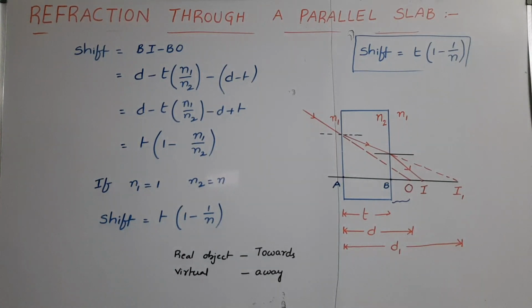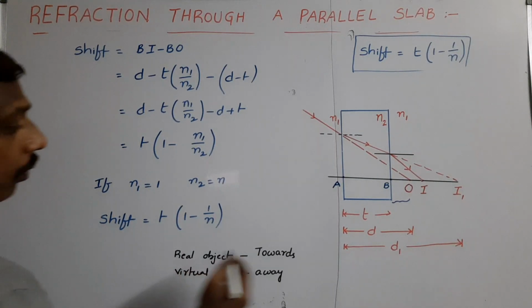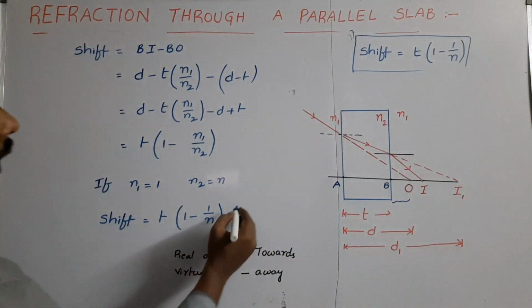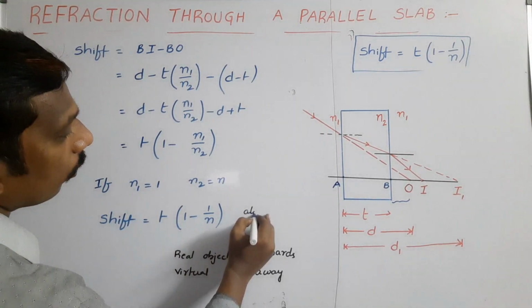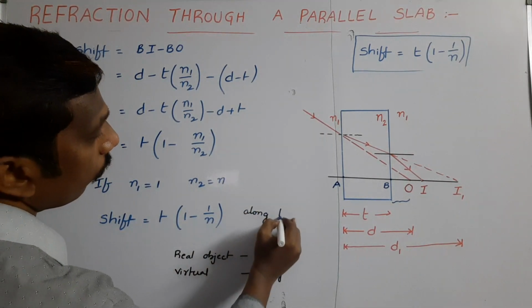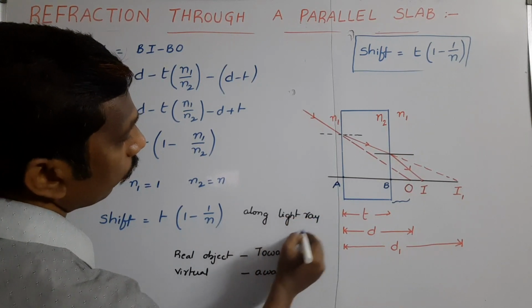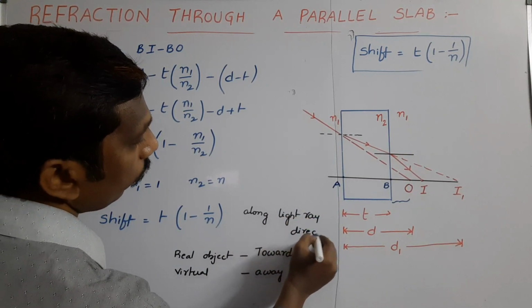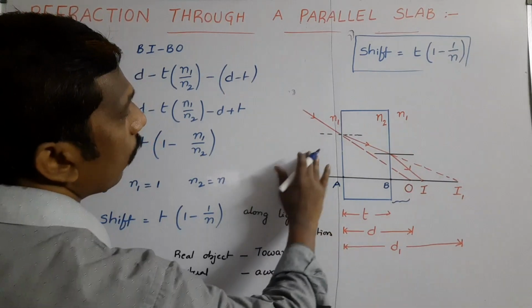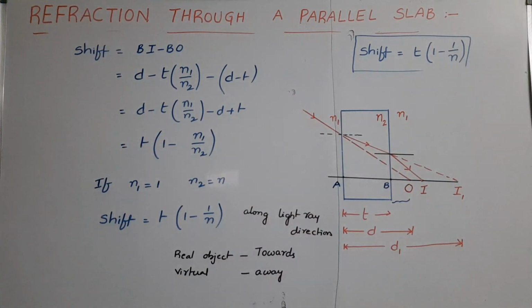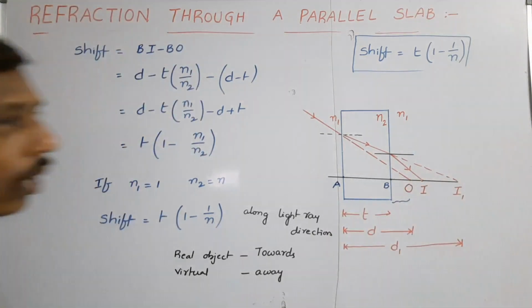But if you observe, in both cases the shift takes place along the light ray direction. Here the light ray travels from left to right, so the shift is also towards the right.